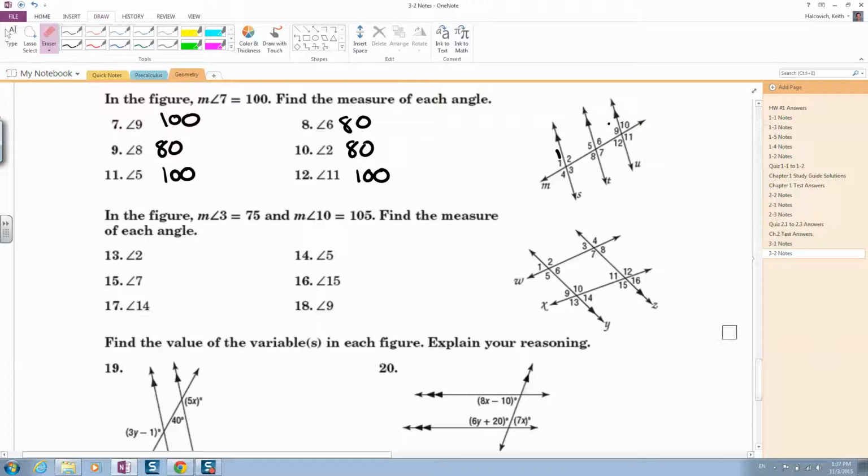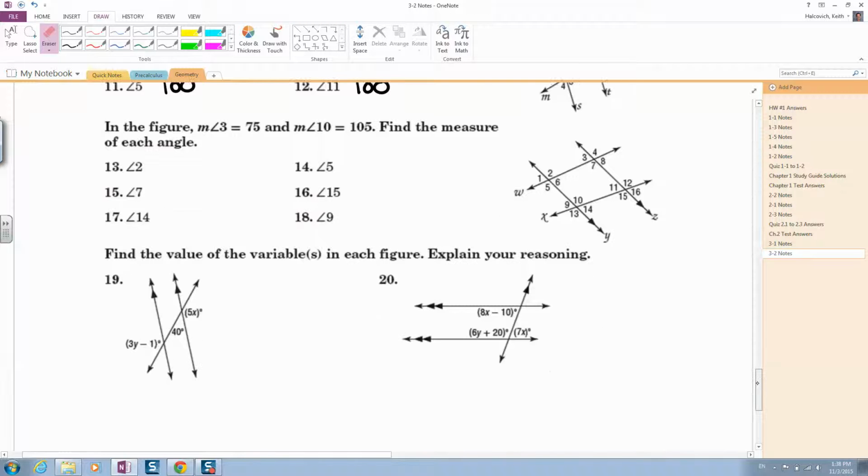All right. The measure of angle 3 is 75. 10 is 105. So it says to find each angle.